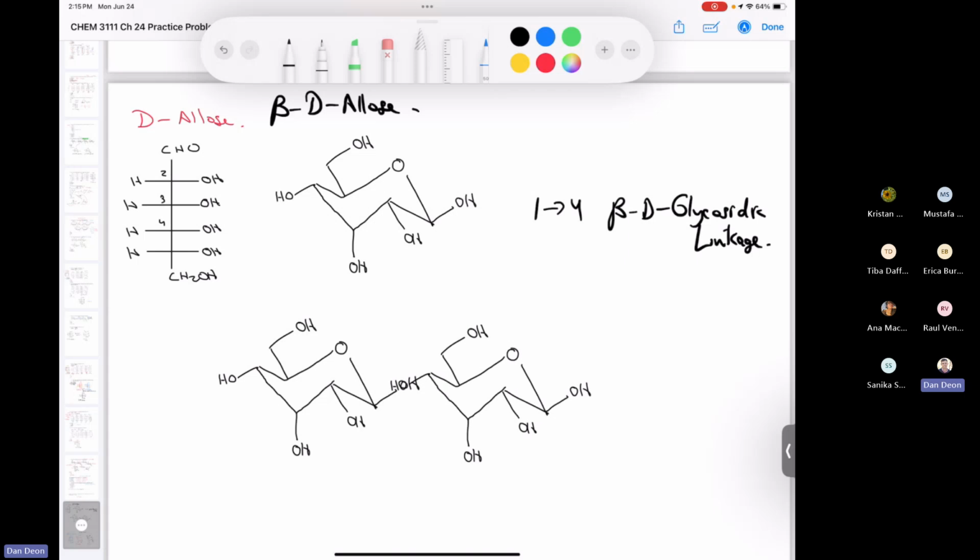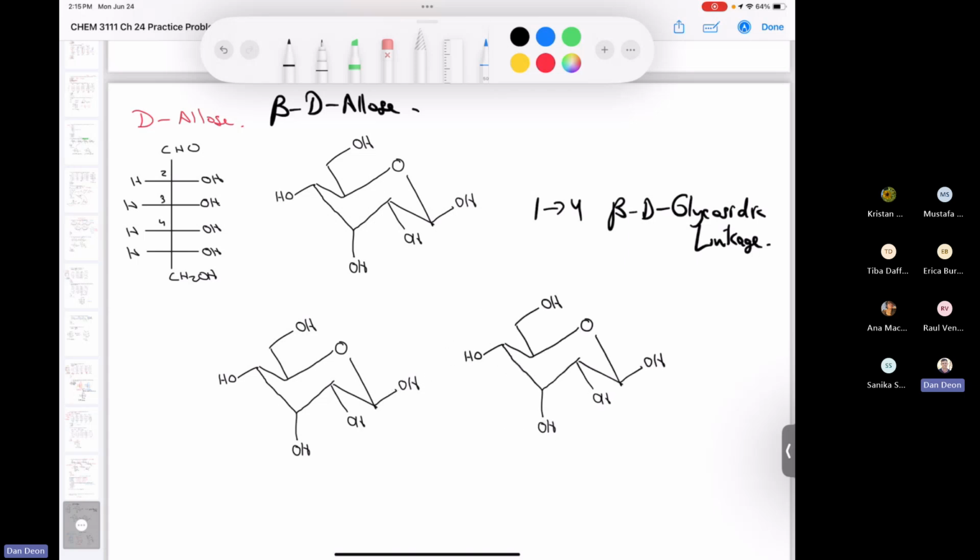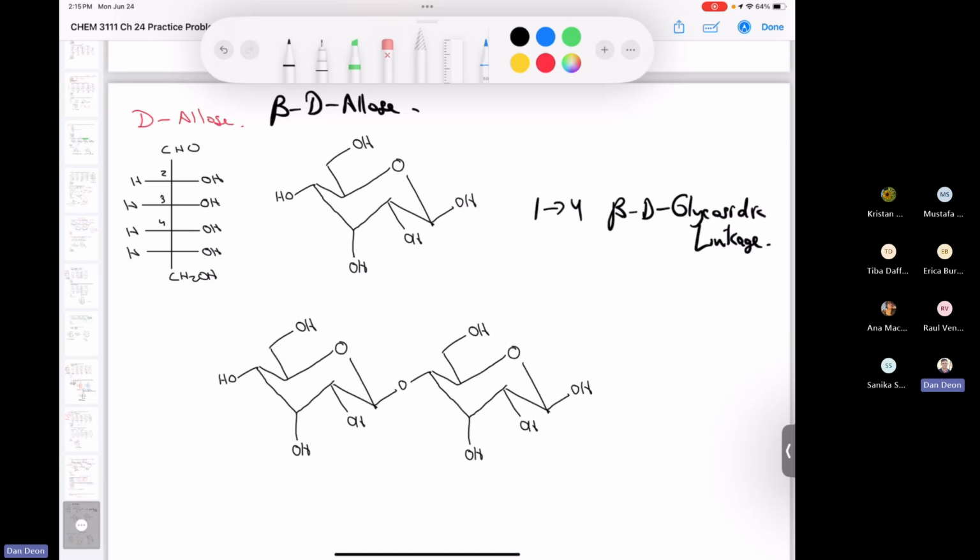And this is how they're going to be linked, is like this. It's going to be beta 1,4 because I can't change this stereocenter. If it's pointing down, it's got to be pointing down. But here, it's beta, right? It's pointing up. So I'm going to erase this hydrogen, this oxygen, and this hydrogen, and then I'll just bring this together like that, and there you go.